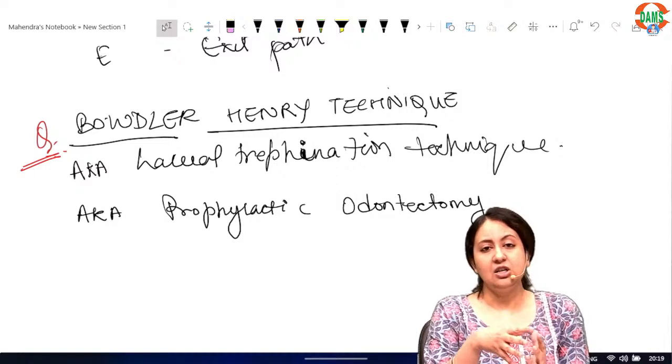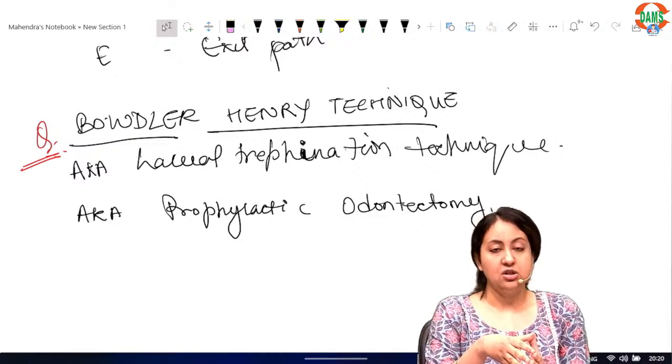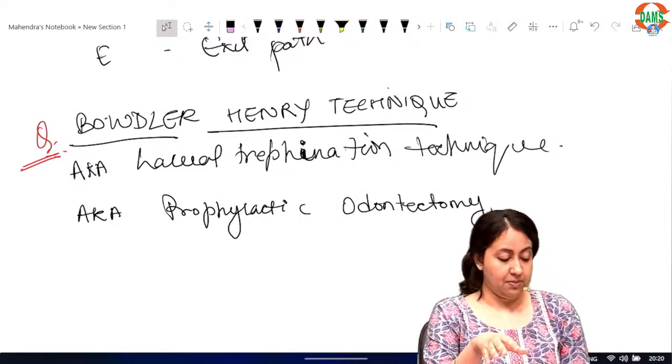Although everyone does not believe in this concept, some authors do believe that we should remove the third molars before they cause any further harm to the patient, in its developmental stages.